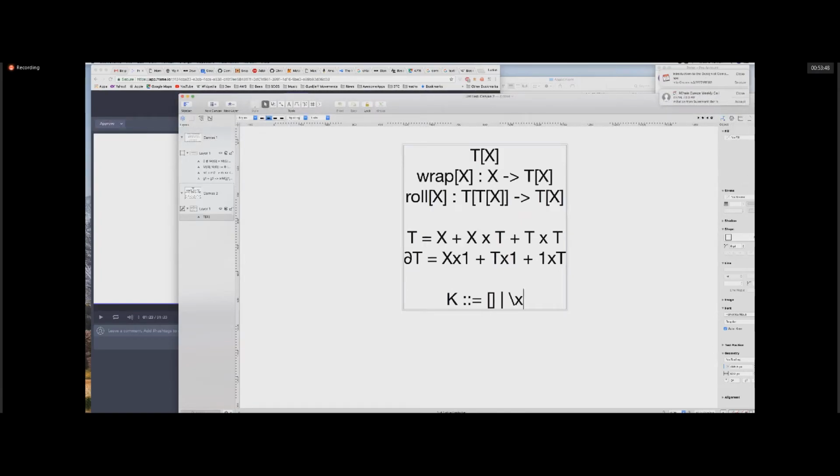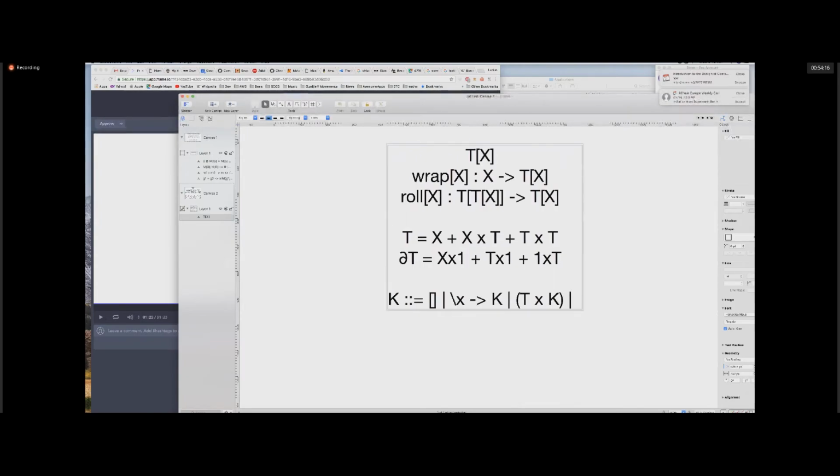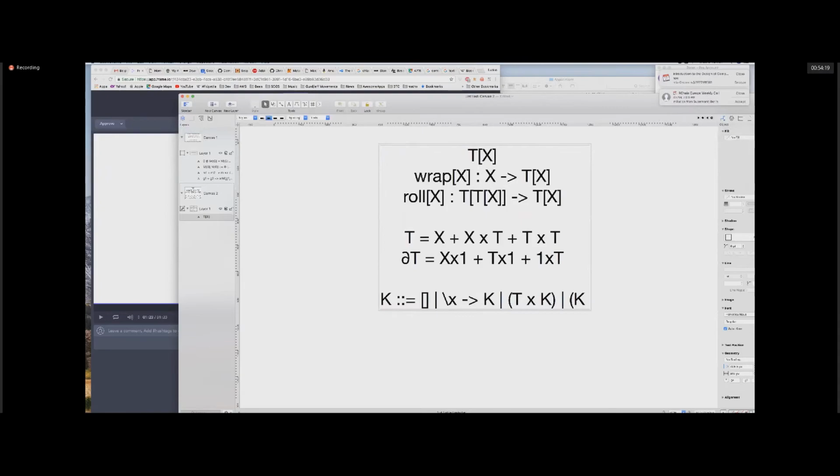So this would be lambda x arrow k, and then we have similarly a lambda term cross a context, or a lambda context cross a lambda term.